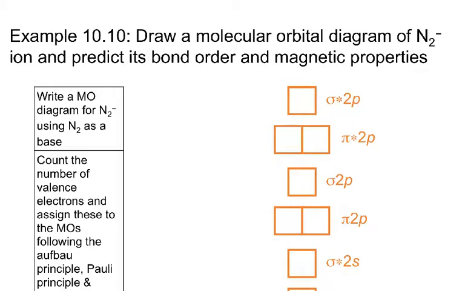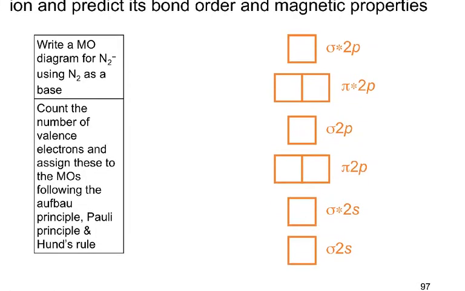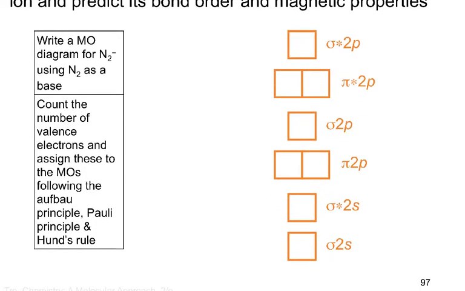Let's practice. Draw a molecular orbital diagram of the N2- ion, and predict its bond order and magnetic properties. So here I have drawn out the molecular orbital diagram. This is from a couple slides ago, and it's based on the one that dinitrogen would use. We have to count our number of valence electrons. Each nitrogen brings 5 valence electrons, and then we have one more for our minus.